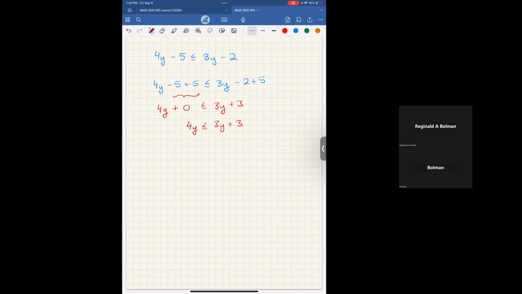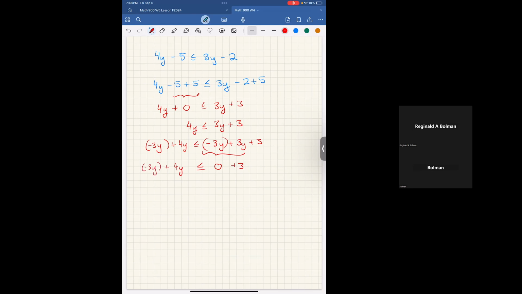We're going to go ahead and use our additive inverse of a negative 3y, and we'll add it to positive 3y to move our 3y from the right side of our inequality sign to the left side. Our 3y's disappear, they go to 0, and you have 4y plus a negative 3y.